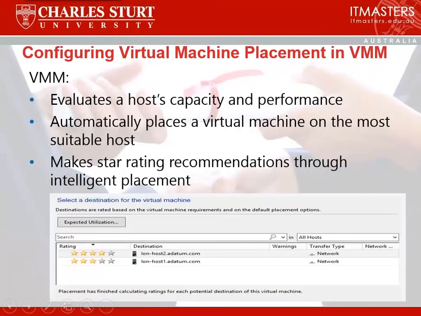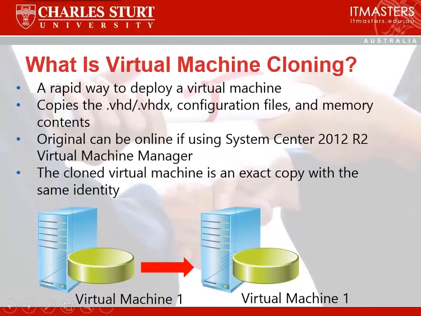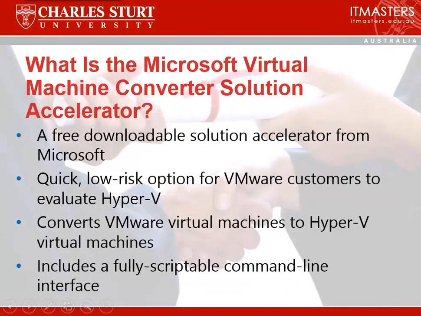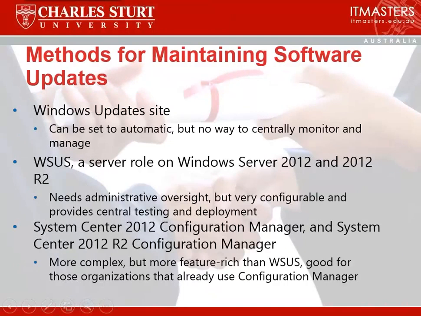It will give you a star-based rating. The more stars it has, the better the performance is. You can easily clone virtual hard disks with VMM. I'm going to leave this for you later to read, okay?